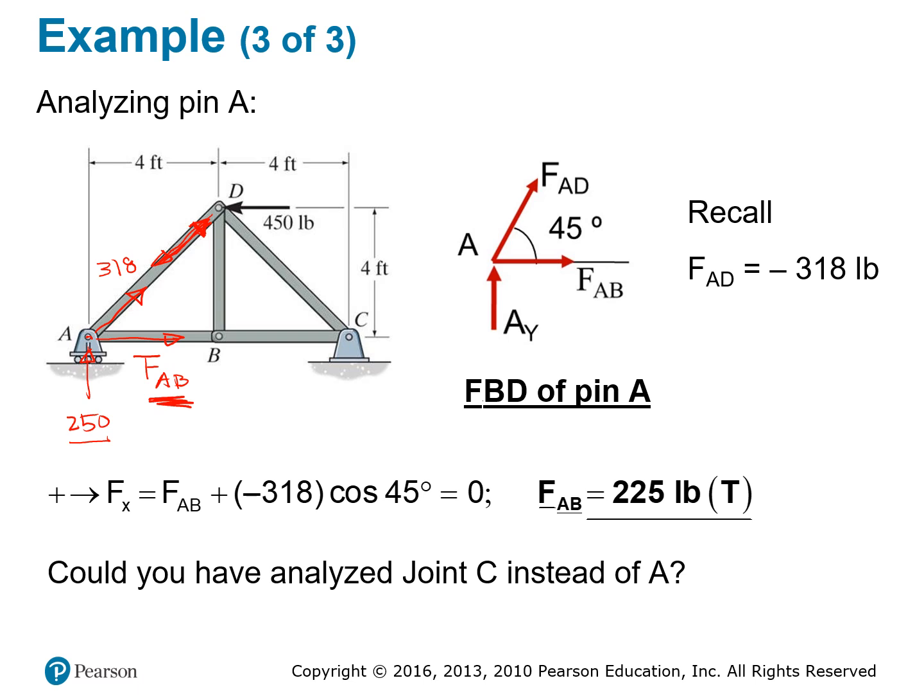Okay, so F_AD is negative 318, so that means this force actually is going in this direction instead of this direction because it's a negative 318. So you have actually this one go this way, you have this force assumed goes to the right, and this one is going up that we just solved before. So then you can find out 318 times cosine 45 degrees is going to equal to this F_AB. Okay, and that is going to be 225.